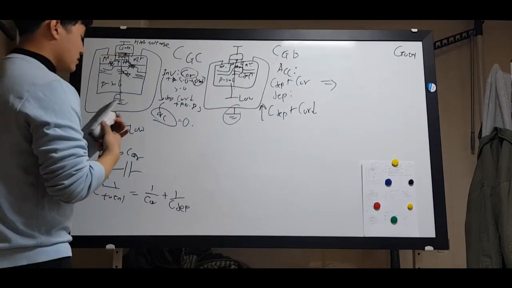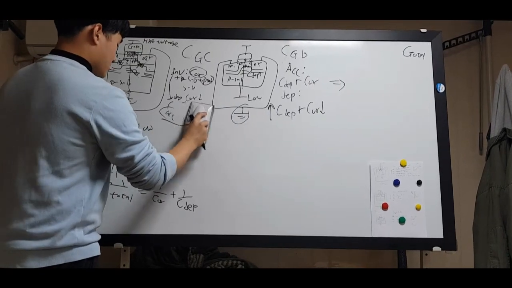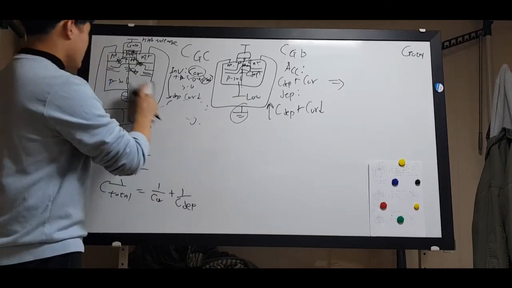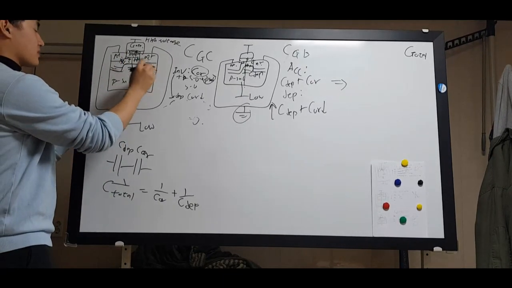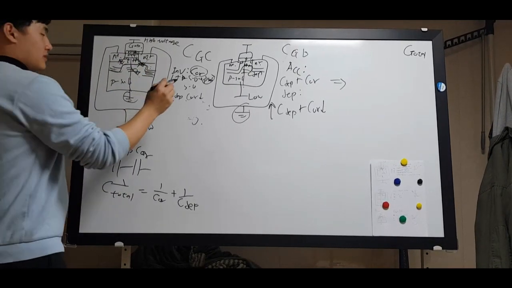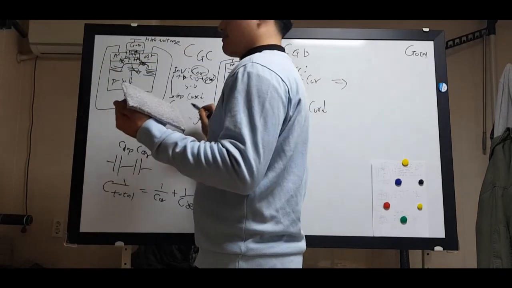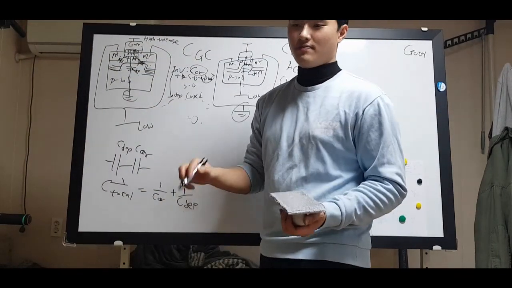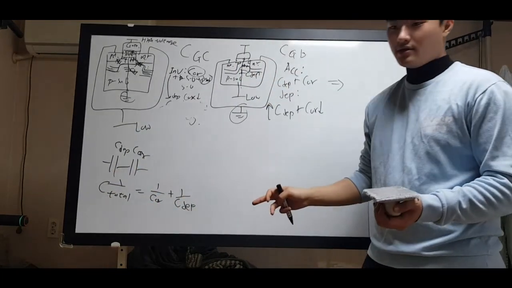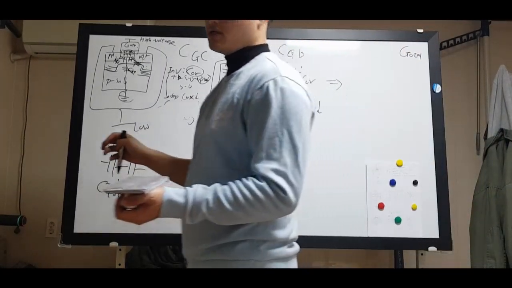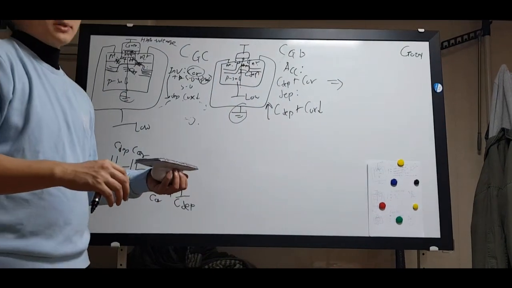And second, the depletion. In depletion, the depletion region will become larger and larger. It means the oxide capacitance will go down and the depletion capacitance will be upscaled. Like this, in series, the capacitances are combined, so the total capacitance will go down.